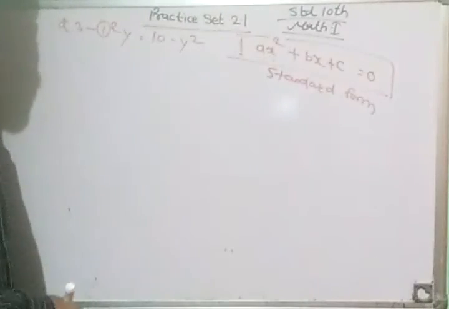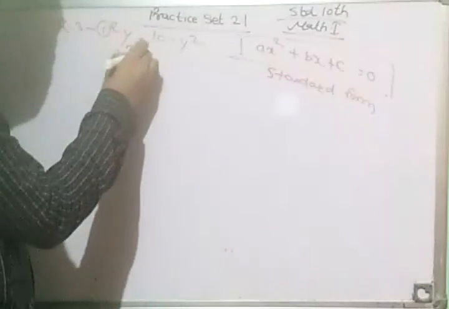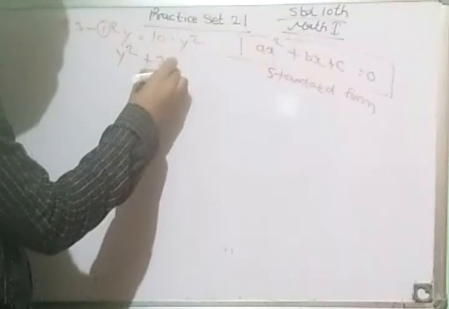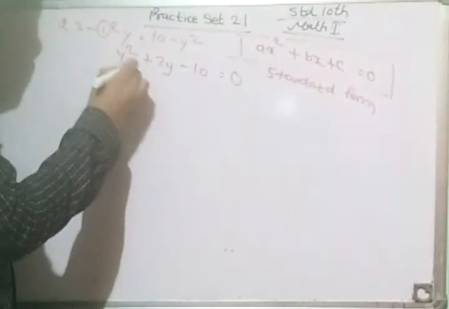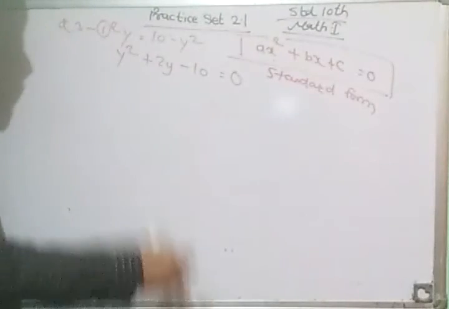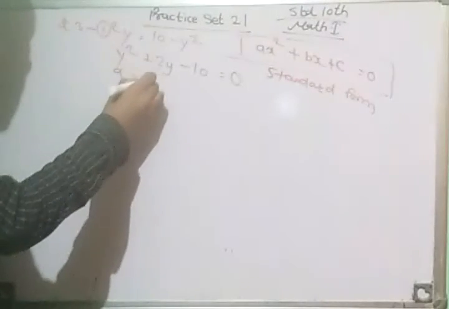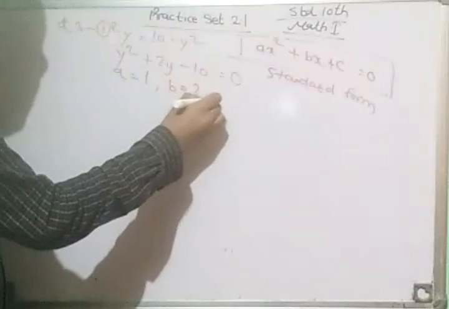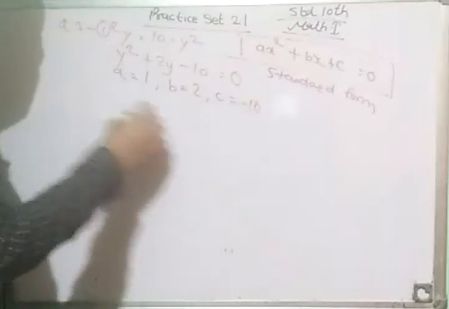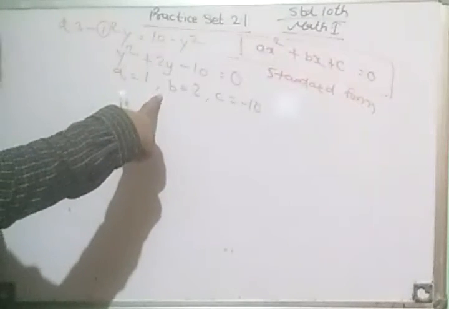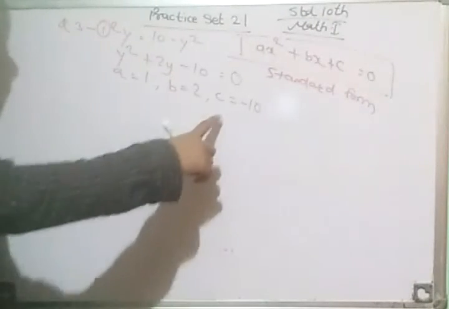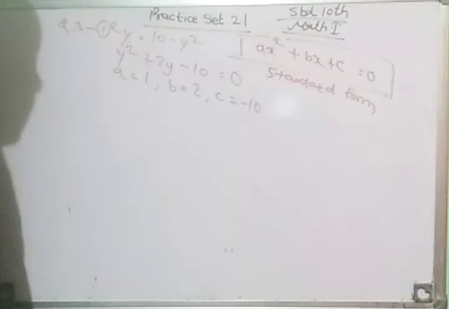So we move minus y square to this side, plus y square plus 2y and plus 10 to minus 10 is equal to 0. So friend, we converted it to the standard form, and value of a is 1, value of b is 2 and value of c is minus 10. Because value of a is the coefficient of the first term, value of b is the coefficient of the second term, and value of c is the coefficient of the third term.